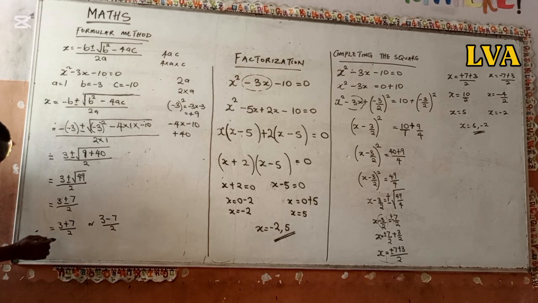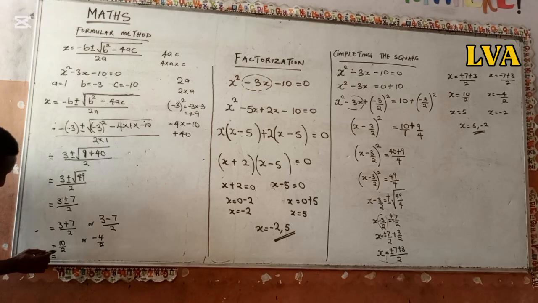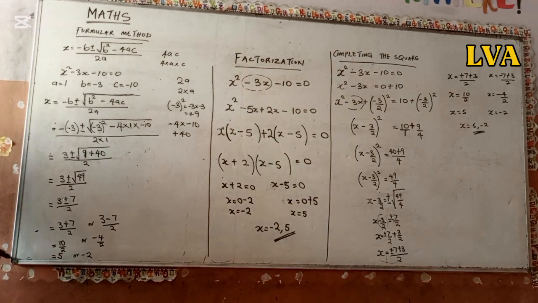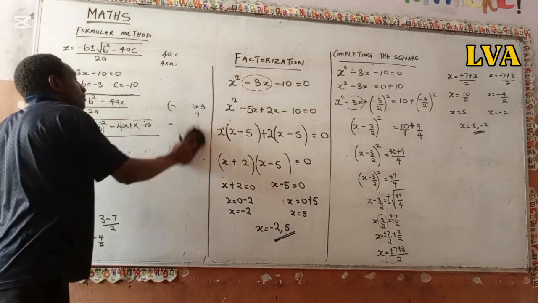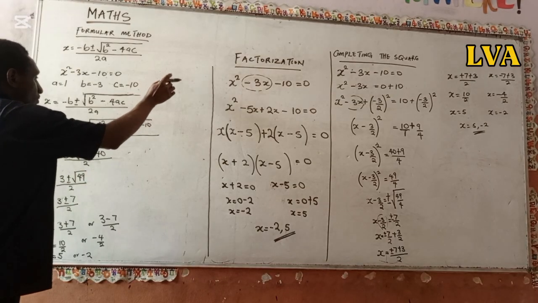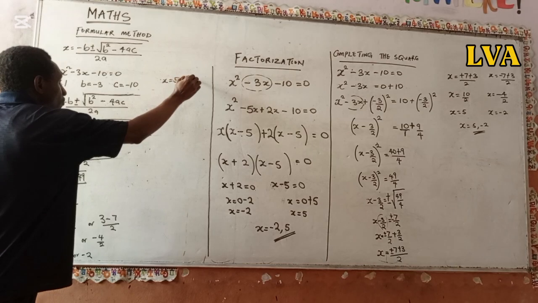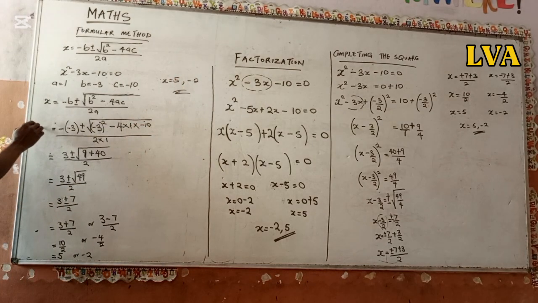So 3 plus 7 gives us 10 all over 2. And then 3 minus 7 gives you minus 4 all over 2. At the end of the day, 10 divided by 2 gives you 5. And then minus 4 divided by 2 gives you minus 2. So our answer, therefore, x equals 5 and minus 2. That's our answer. That's our x.